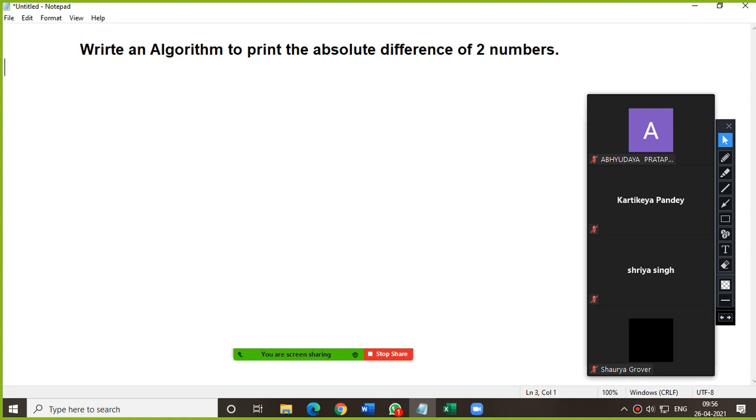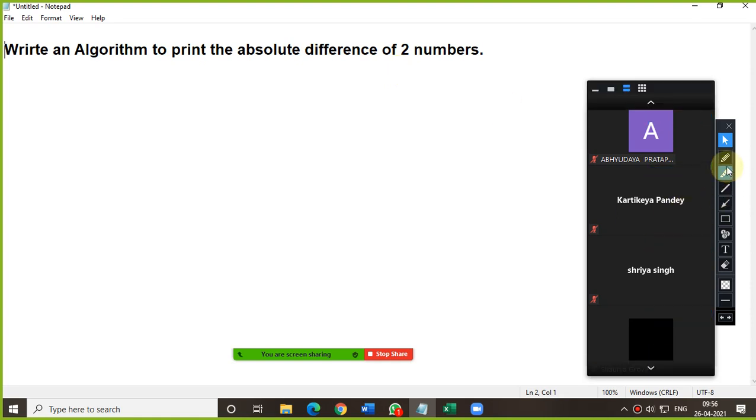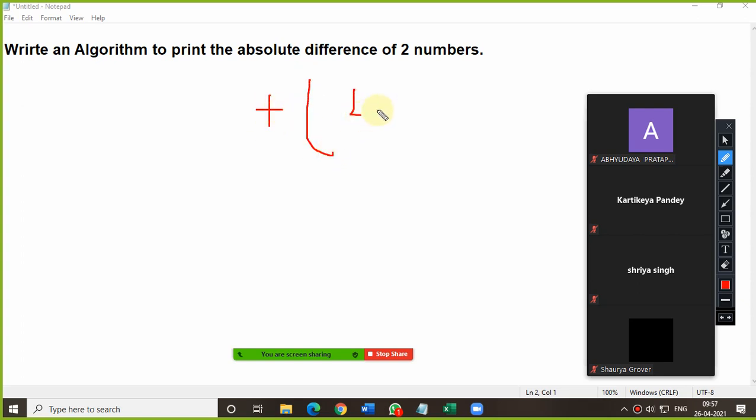Got it? Please note this down. Absolute difference means the output, the result, must always be positive. It means you need to subtract the smallest number from the largest.